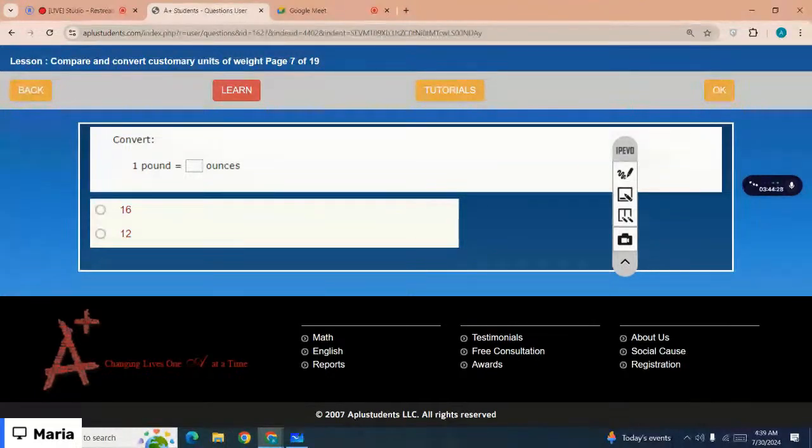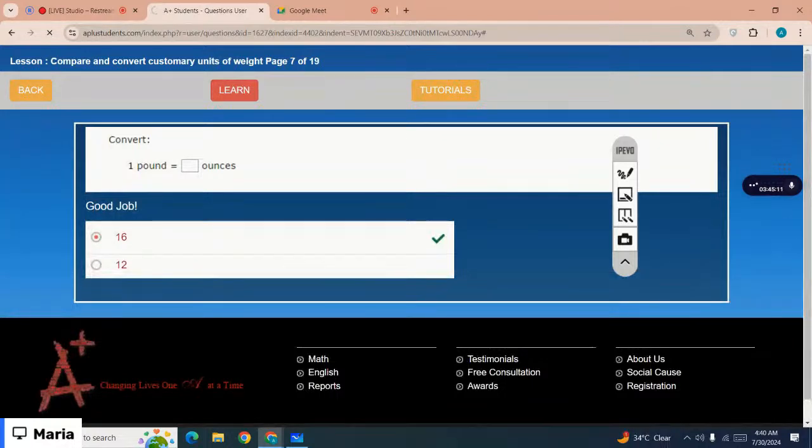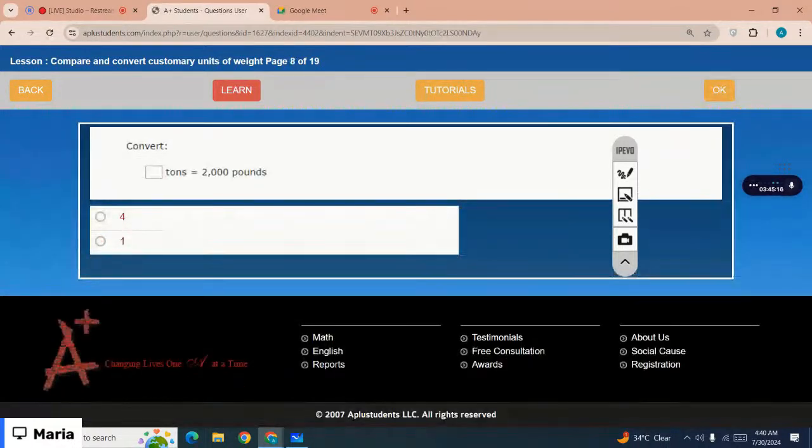1 pound equals how many ounces? That is 16 ounces. 1 pound, 16 ounces. 2,000 pounds equals how many tons?